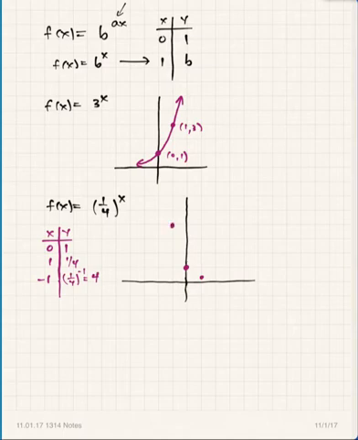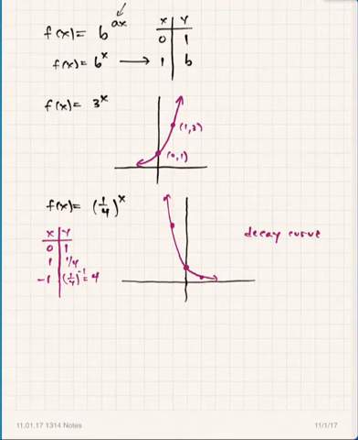So notice you get a similar graph. The difference is that this one is a falling graph rather than a rising graph. Same basic shape, except it's falling instead of rising. This is sometimes called a decay curve, when you have a graph that's falling like that one is.